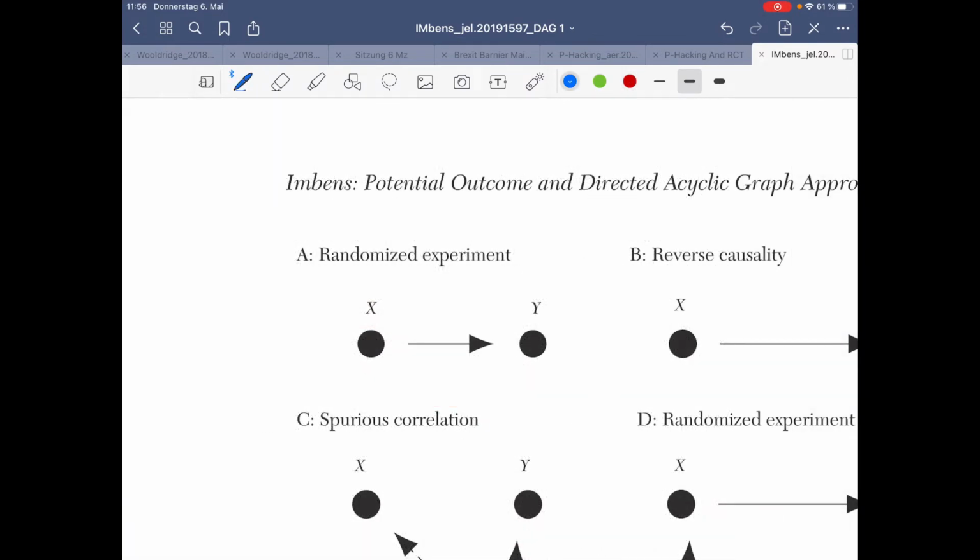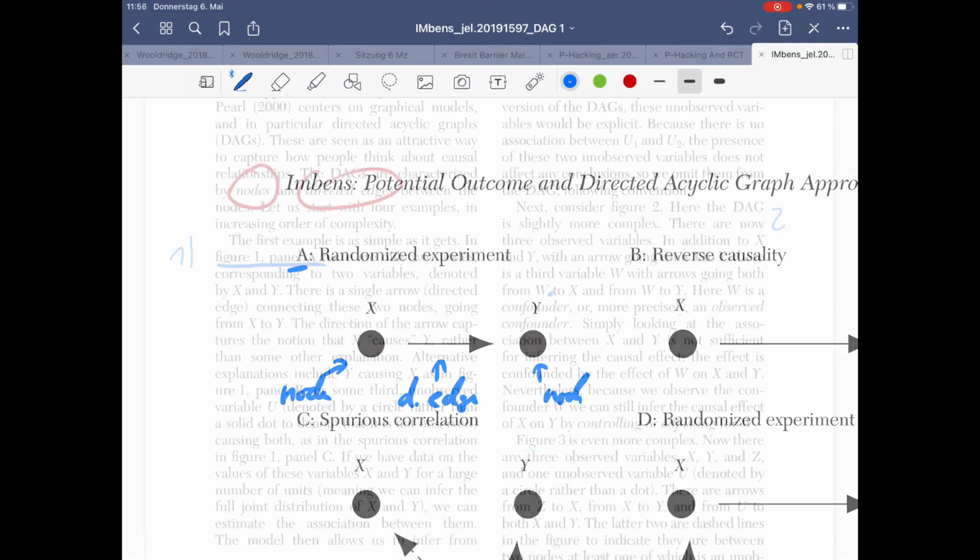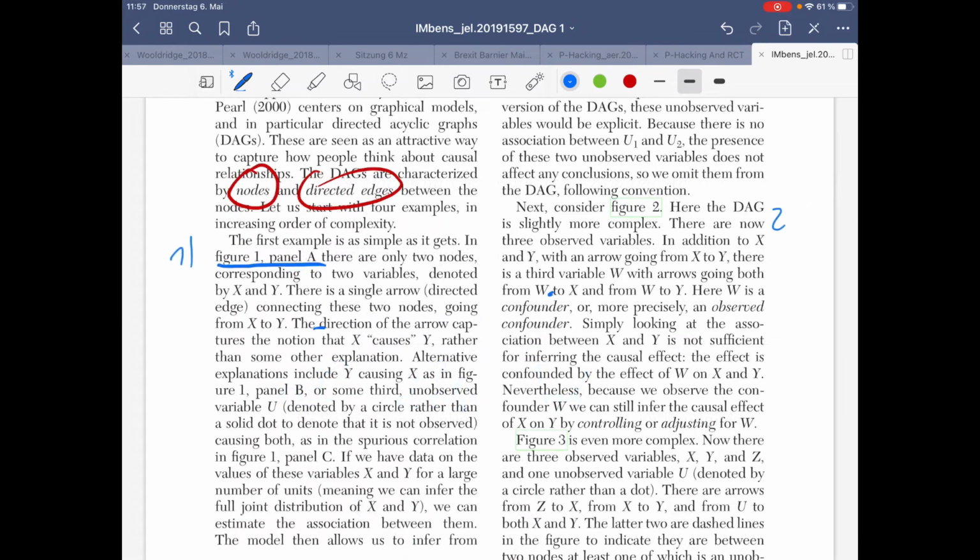So this is figure 1 panel A for the randomized experiment. So you have these two nodes and a directed edge, the arrow. The direction of the arrow captures the notion that x causes y rather than some other explanations.